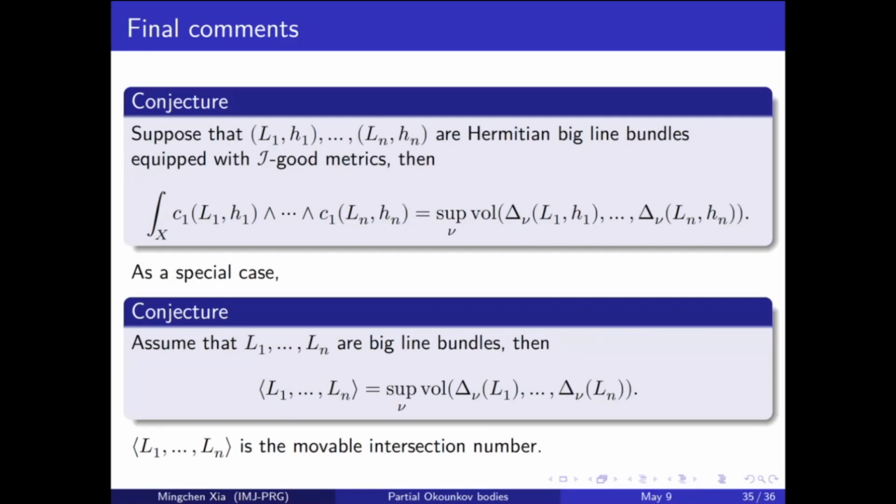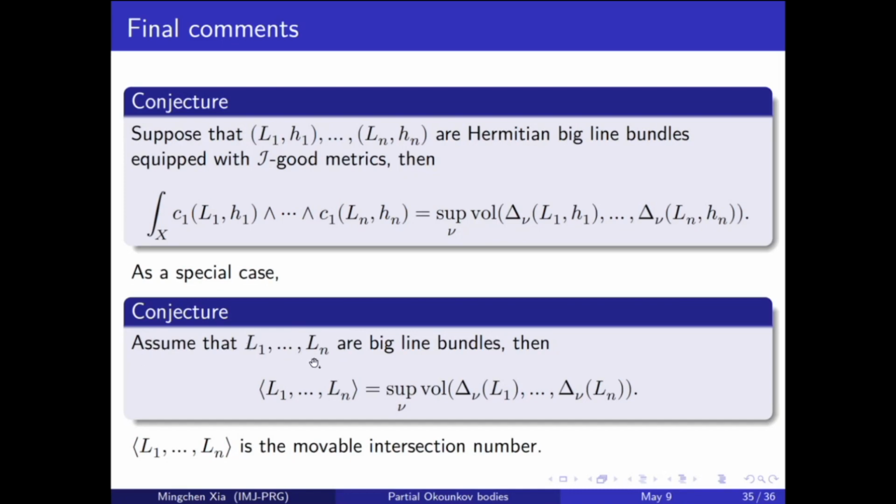And on this final page, I want to propose 2 conjectures, which are always of interest to me. If you are an expert, you could easily understand the first part of the conjecture, because here I need the notion of analytic singularities. But if you are not an expert, let's only focus on the second conjecture, which is a special case of the first one.